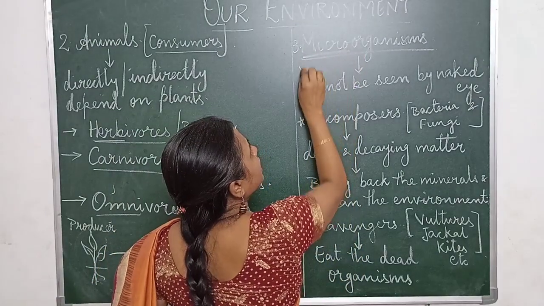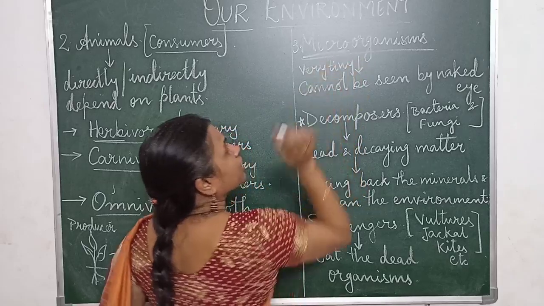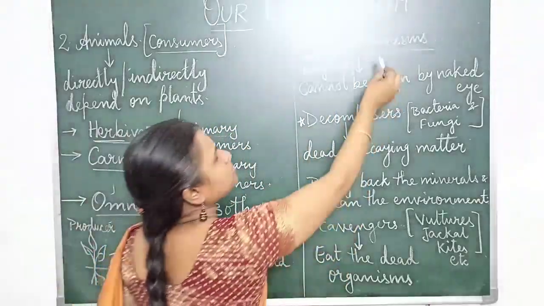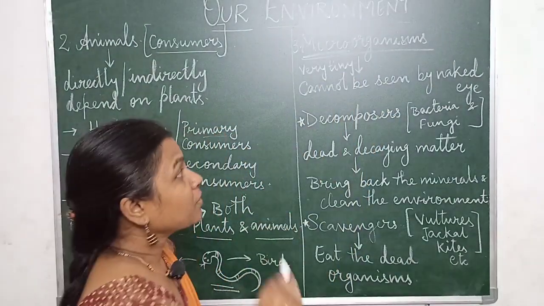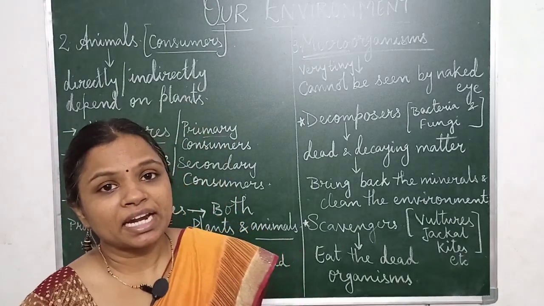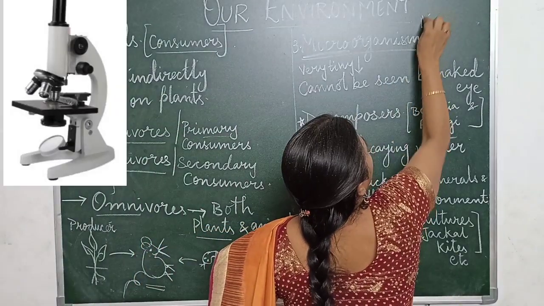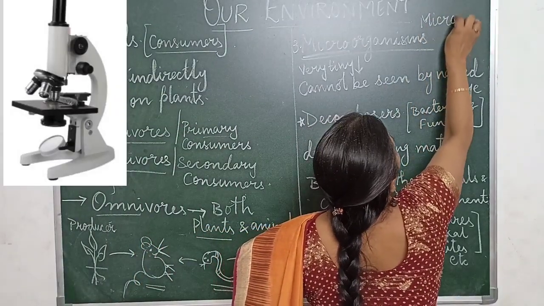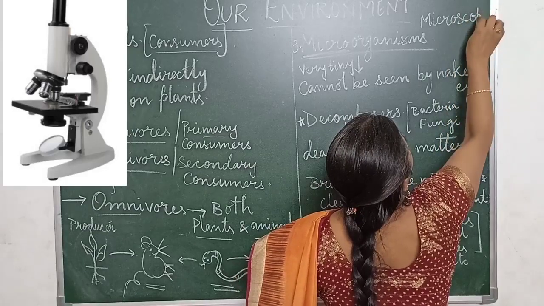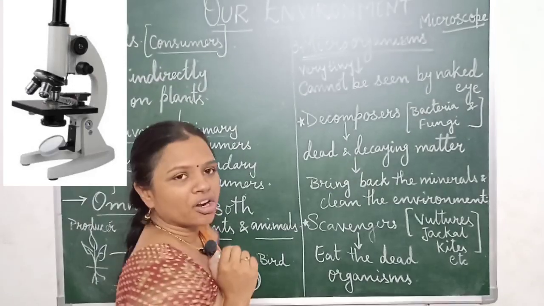Micro means very tiny, very small. The organisms are so tiny that we cannot see them with our naked eye. They can be seen only by a special instrument which is called the microscope. By using a microscope, we can see these organisms.